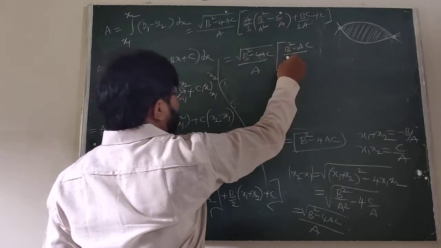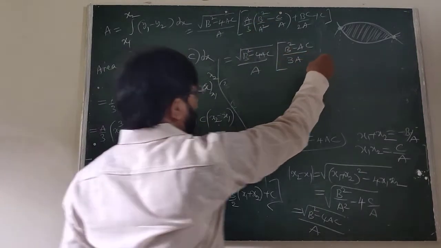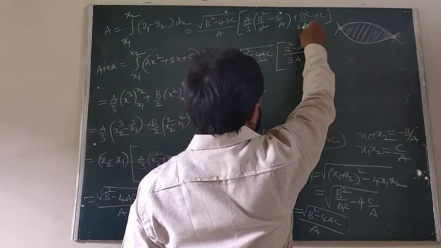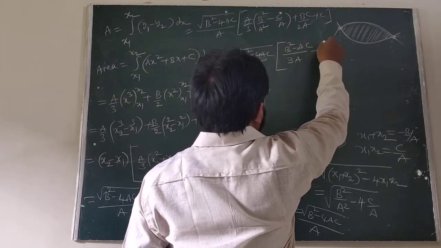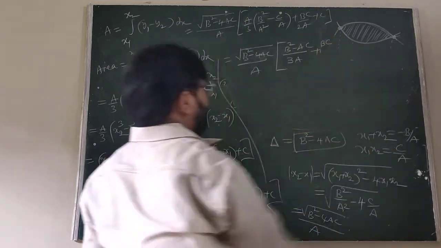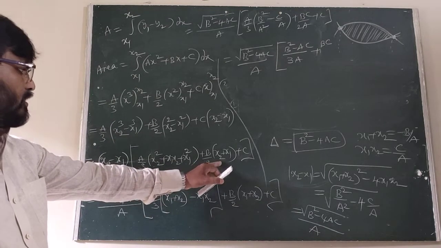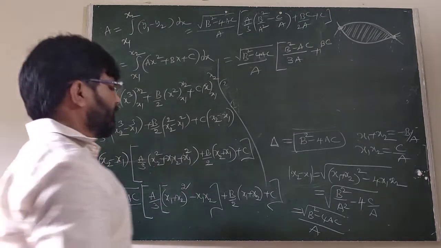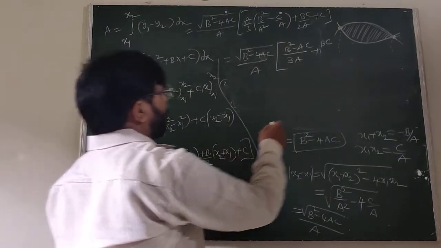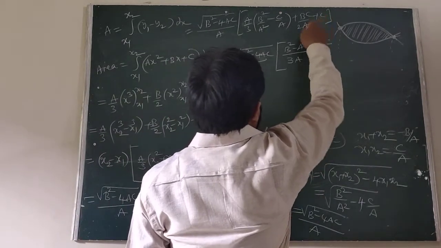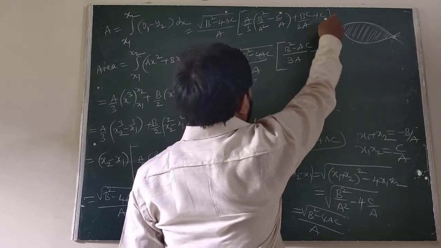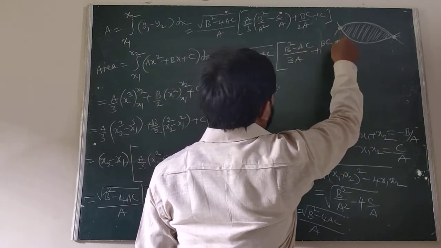One a cancels, this is 3a. Now taking the LCM 2ac, that is bc. How to write that one? x1 plus x2 is c by a, so bc. Now this is the 2ac.